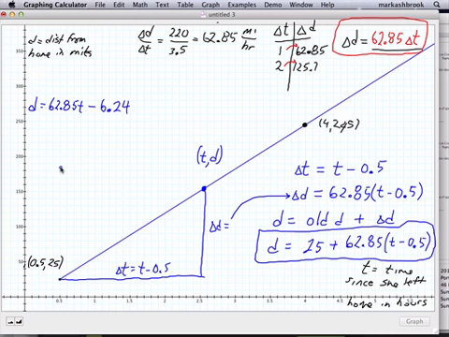Negative 6.4, 4.2, well, 4.3 if you round. Great, thank you. So this turns out to be the same thing as 62.85t minus 6.43. Same thing, just a different form.